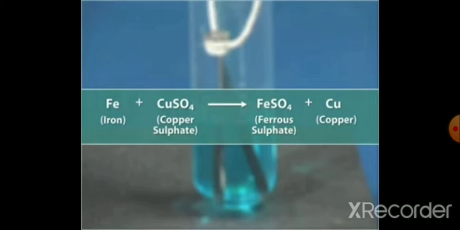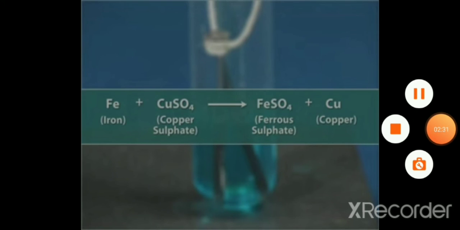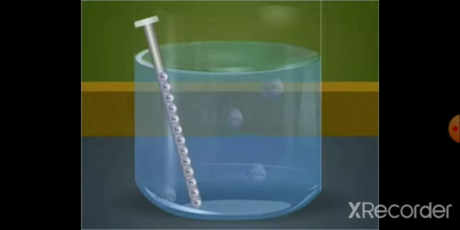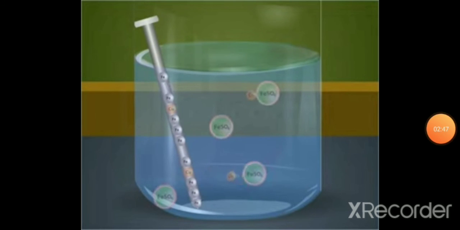Here the iron nails react with copper sulfate and form ferrous sulfate. See the reaction here: Fe plus CuSO4 gives FeSO4 plus Cu. So here the copper gets collected on the nail. That is why the red colored layer is formed.